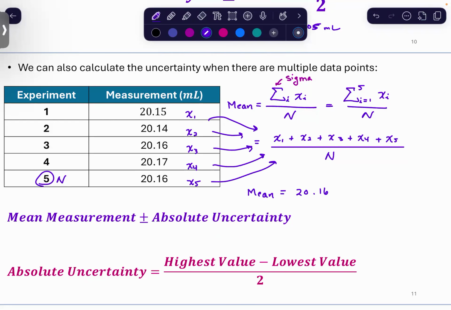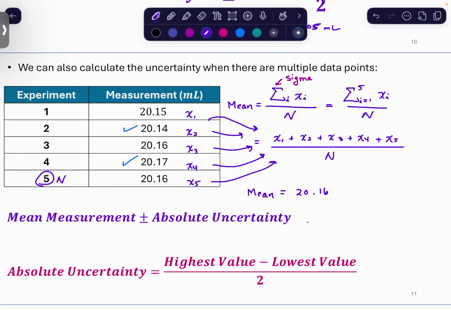Now, your absolute uncertainty there. You're going to take your highest value, which is going to be your 20.7, minus your lowest value, which is your 20.14, and divide by 2. What that's going to give you is your uncertainty.